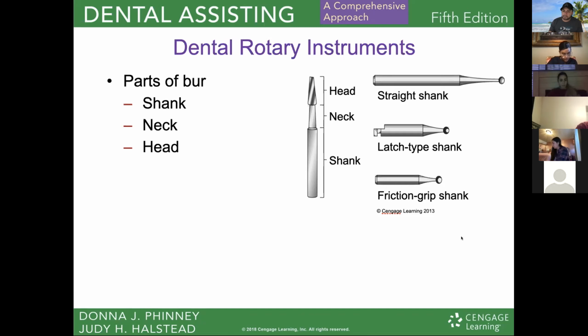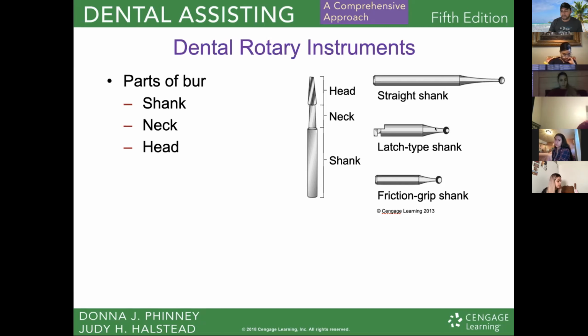We have latch type shanks that usually go on a slow speed handpiece. Slow speed handpieces are usually used to smooth, finish or polish restorations, and they're also used to excavate decay. A latch type shank with a round burr is used to remove only decayed tooth. Only if the tooth is weak or mushy will it remove that material.